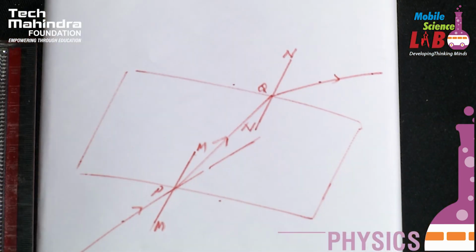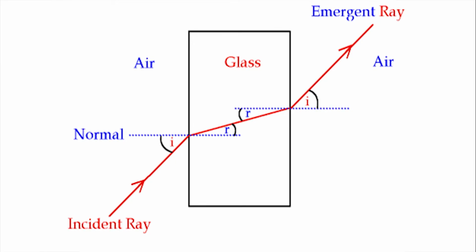From this, it is clear that whenever the light ray is traveling from rarer medium to the denser medium, it will be bending towards the normal drawn at the point of incidence, and vice versa when it travels from denser medium to the rarer medium. Hence, the laws of refraction are verified. Thank you very much.